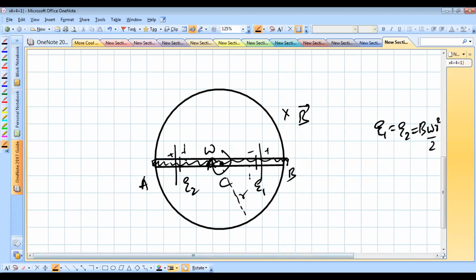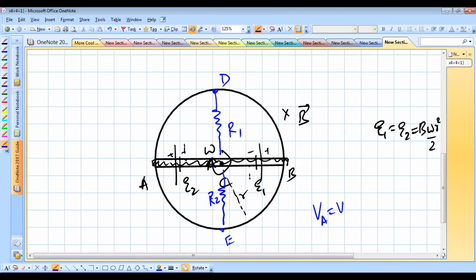So now what is the problem? Now you just have to apply the KVL concept. You have one resistance like this and another resistance like this. Suppose this is R1, this is R2. Now if this point is, let's say, D and this point is E, the potential of all these four points is the same.